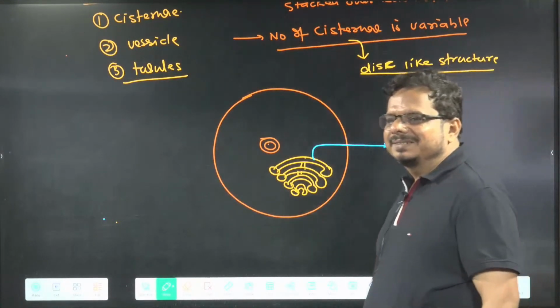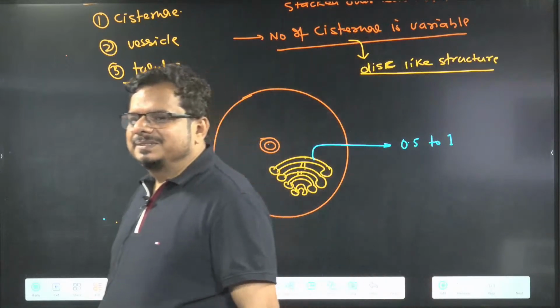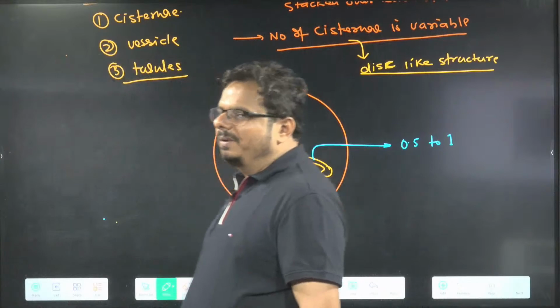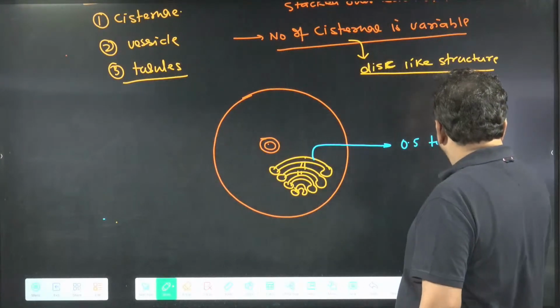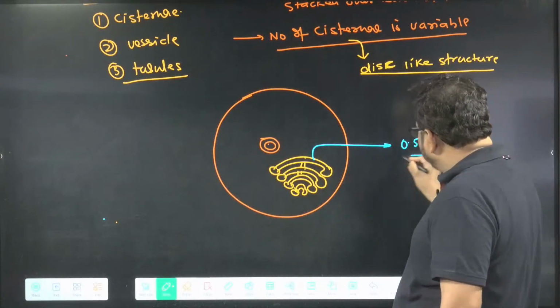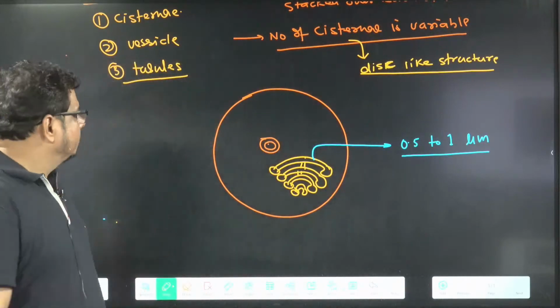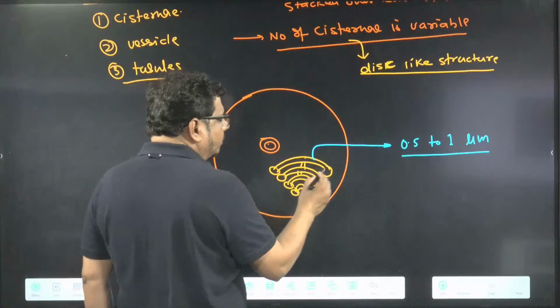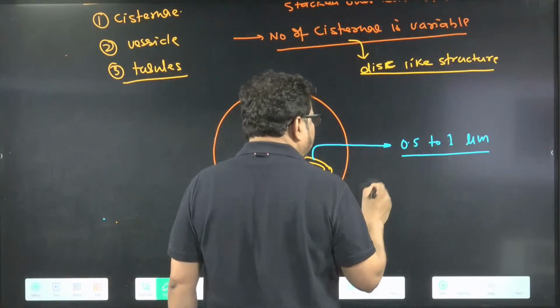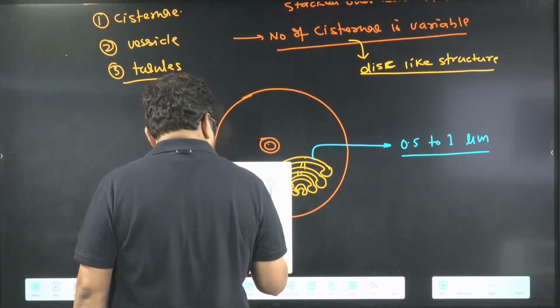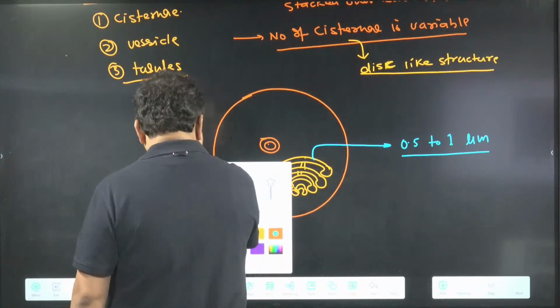Unit also write. Micrometer. Very good. Unless you write every complete piece of information, a problem will arise. So the diameter of the cisterna is 0.5 to 1.0 micrometer.